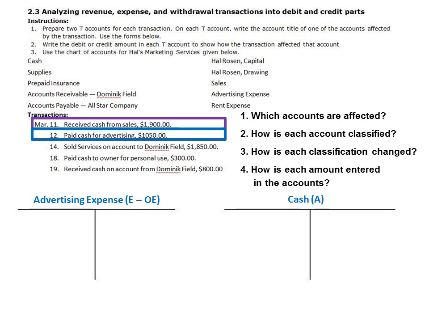Well, what we did is we paid cash for advertising. We have an expense here. An expense is an owner's equity account. It's under owner's equity. Owner's equity accounts are on the right-hand side of the accounting equation. The right-hand side of the accounting equation shows a credit as its normal balance.